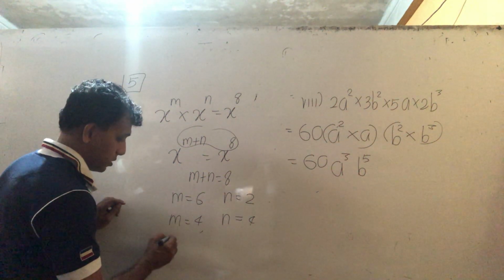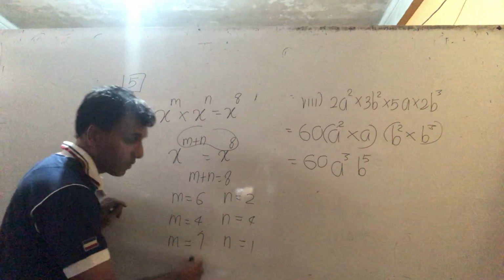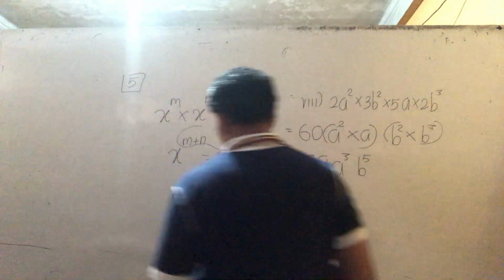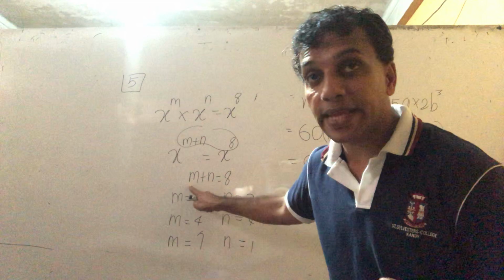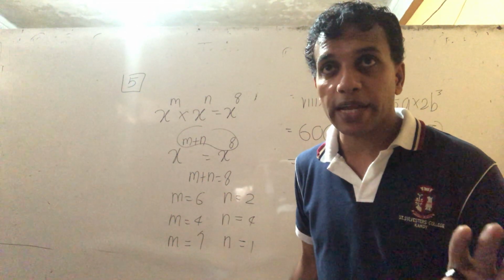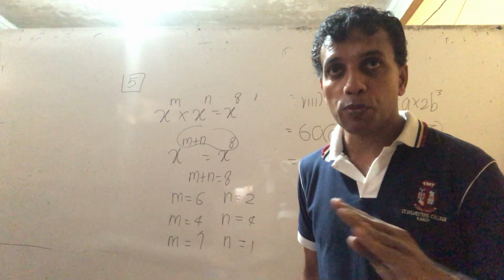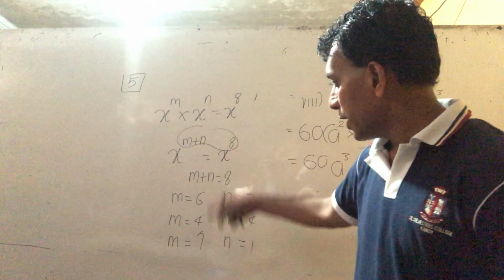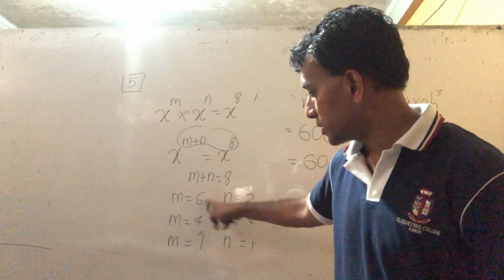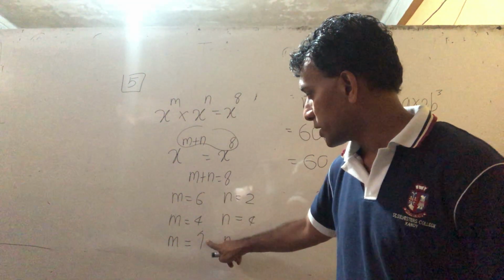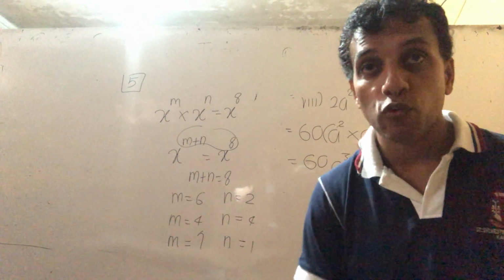And what if m is 7, n is 1. 7 plus 1 is 8. They said positive values. If you say m is 8, n is 0, you can't take n as 0 because both are positive. 0 is what? No positive, no negative. If m is 5, n is 3, that's what they said, right? Then you put m 6, 4, 4, 7, m 8 you can't take. So these are the three pairs of values.